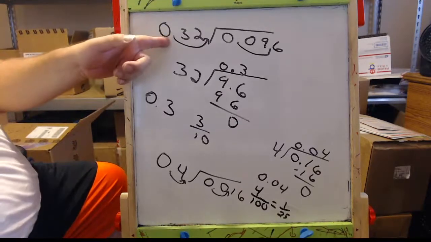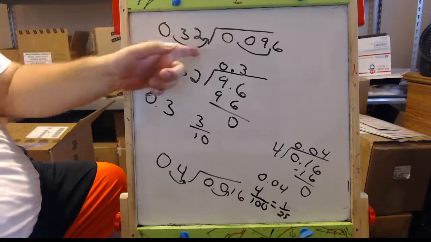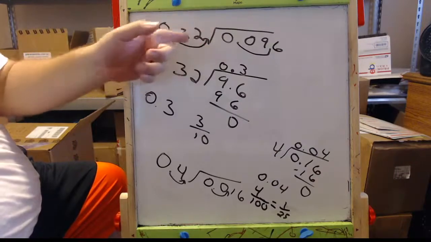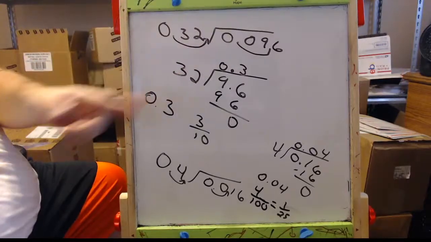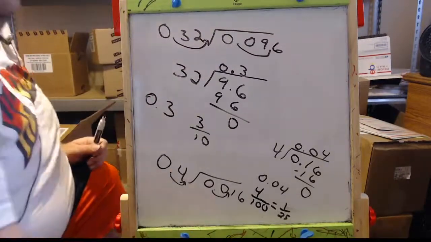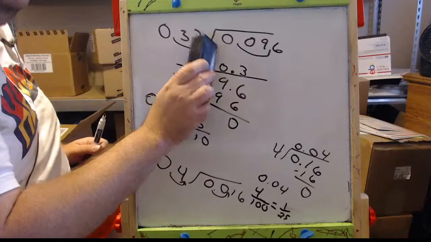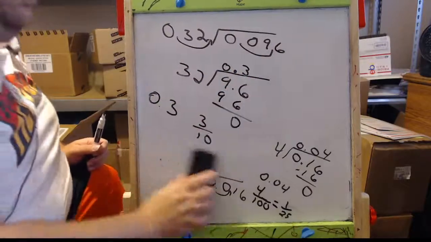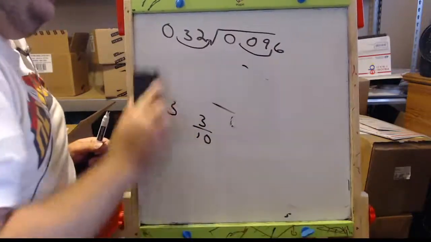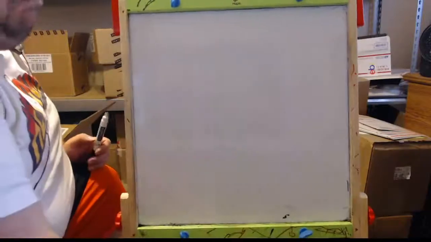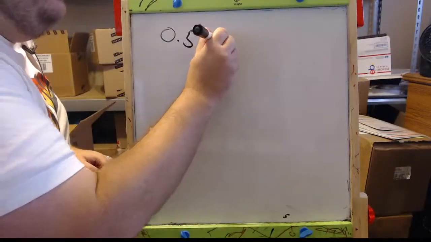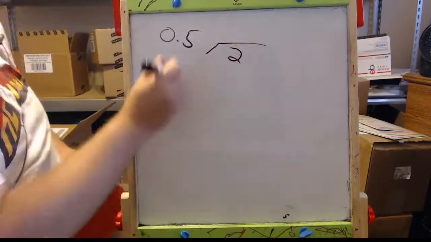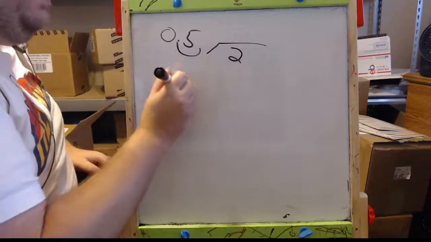So the key is, if you have a decimal into a decimal, make sure you move the decimal to make a whole number on the outside. Whatever you move the decimal out here, you have to do the same underneath. If there was no decimal underneath, so let's say it was something like 0.5 divided into 2, move the decimal one spot, make it a 5.